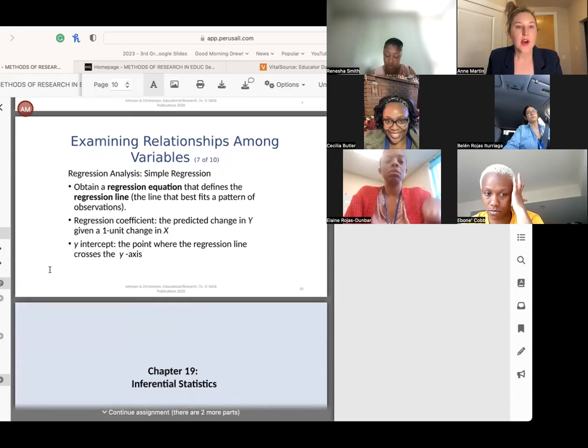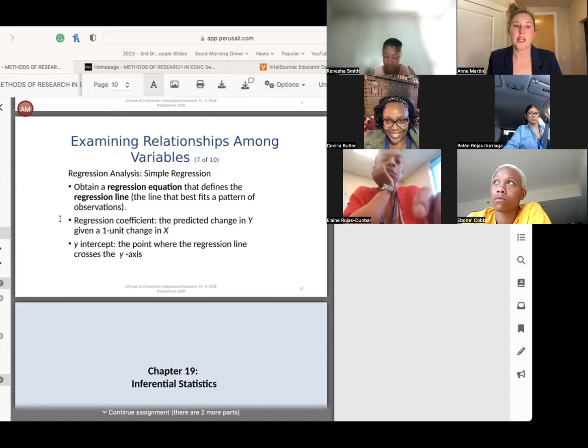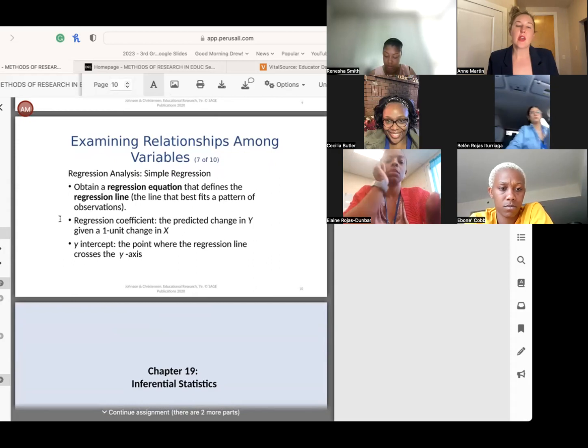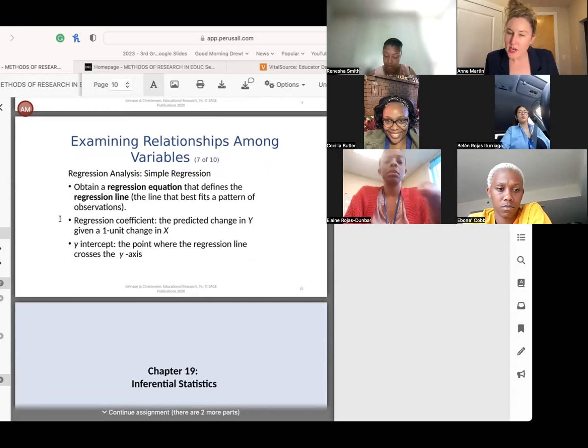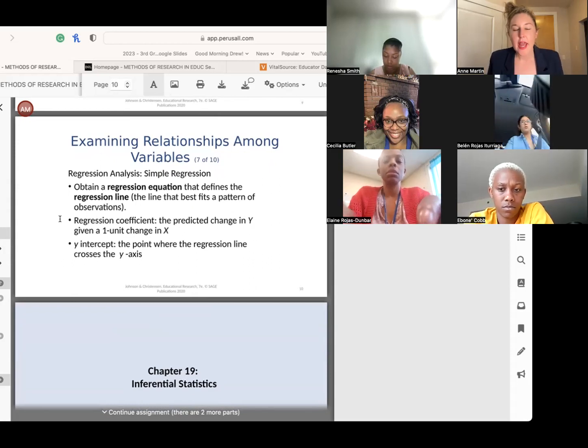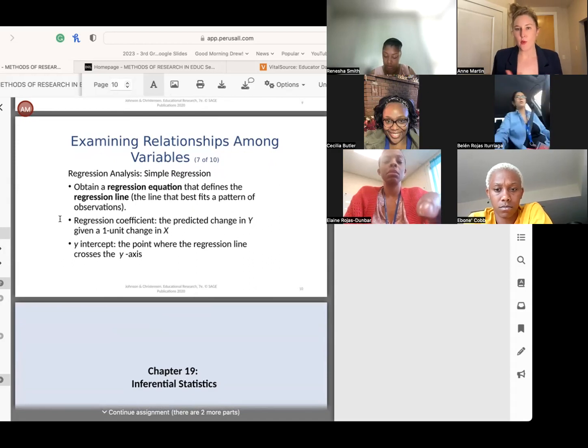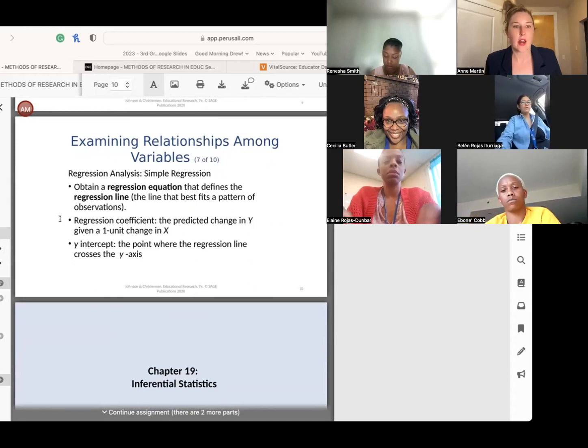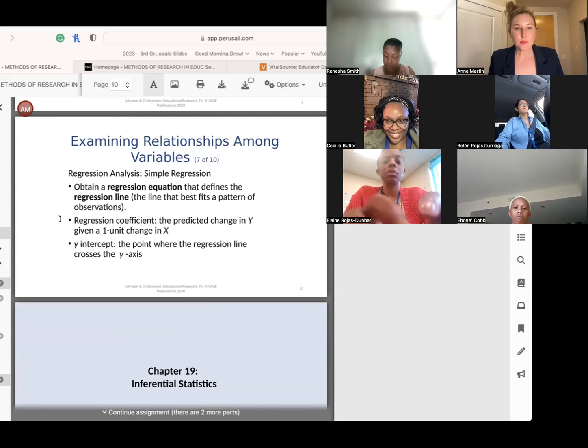And then the last example that I want you to know from chapter 18 is about regressions. We talked about simple regression and multiple regression. And if you understand one, you will be able to apply it and understand both. So regression, you can think of it like correlation.